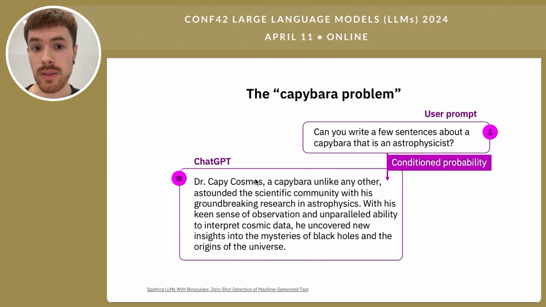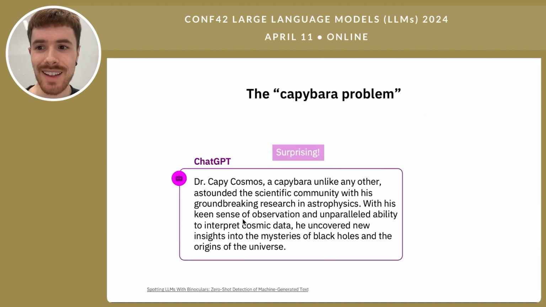It makes sense. The likelihood of this text, knowing that I just asked about this, is very high. It's probable that I would get this answer. When I see a text in isolation, like for example a high school report or something like that, I never get to see the prompt of the user.